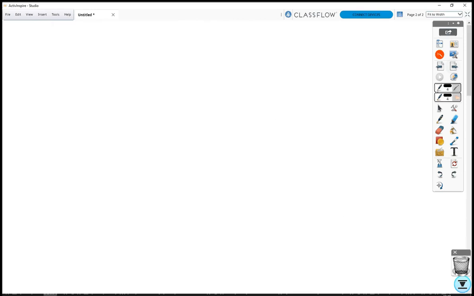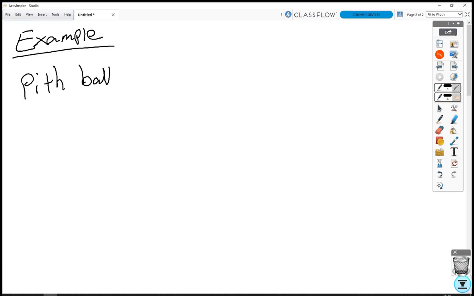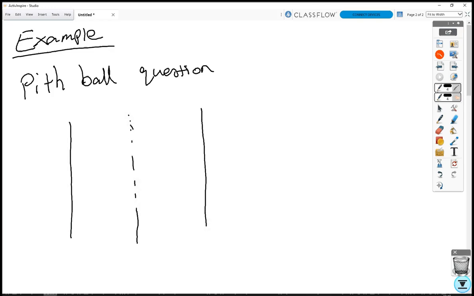All right, let's do an example. This is called the pith ball question. So we have two plates, and within the plates we have a ball attached to a string.